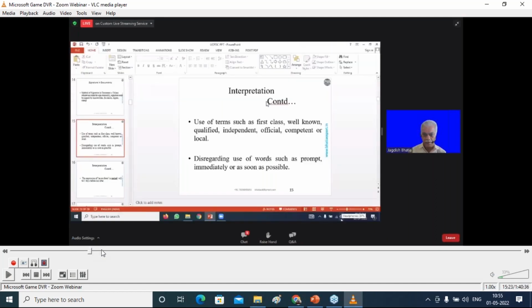Similarly, some other terms we see, such as first class, well known, or qualified independent. Suppose inspectors, like goods inspection for example: a reputed inspector or independent inspector has to inspect. There are no such meanings in UCP 600.